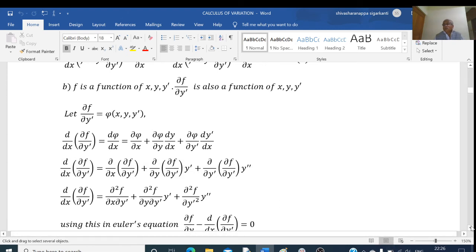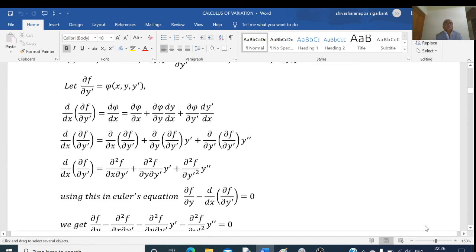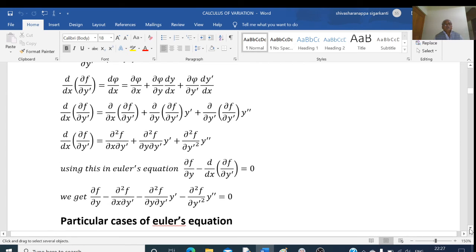Now, using this in Euler's equation, this is my Euler's equation: ∂f/∂y minus d/dx of ∂f/∂y' is equal to 0. So here we have d/dx of this as this thing, that is minus of this, minus of this, minus of this is equal to 0.